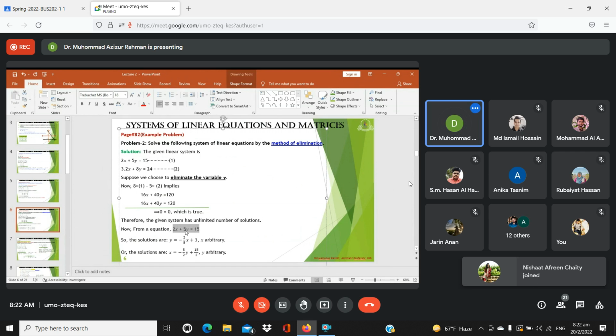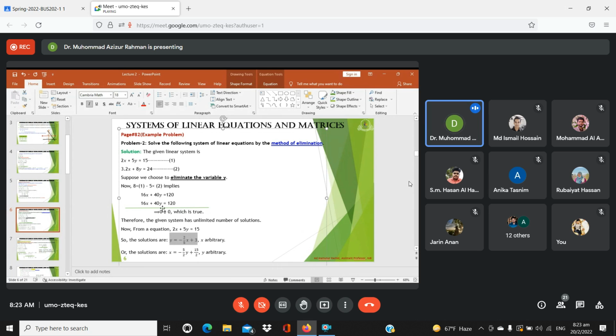You can rearrange this equation: 5y equals minus 2x plus 15. So y equals minus 2 by 5 x plus 3. Is this clear? Yes, sir.